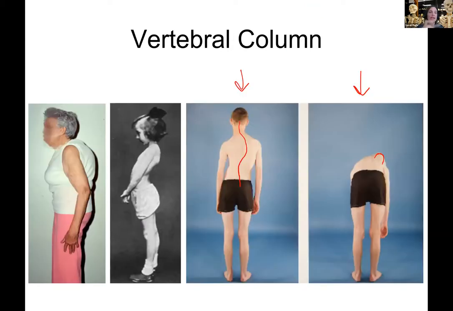Here's a great example of that, this image on the left. So this one is kyphosis. You can see how exaggerated that convex curve is. We find this typically in elderly individuals. As the muscles degenerate, as you lose your strength, it's really easy for that to happen.